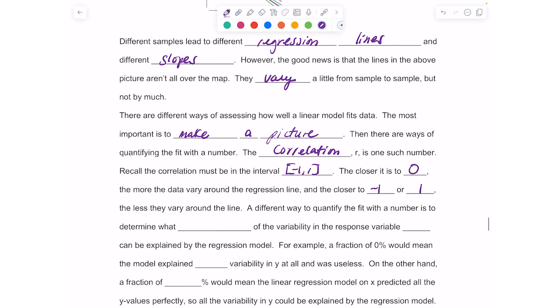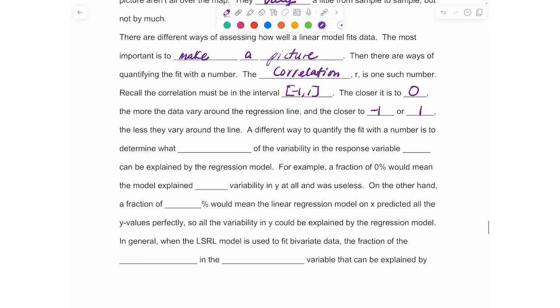A different way to quantify the fit with a number is to determine what fraction of the variability in the response variable, remember the response variable is y, can be explained by the regression model. For example, a fraction of 0% would mean the model explained no variability in y at all and was useless.